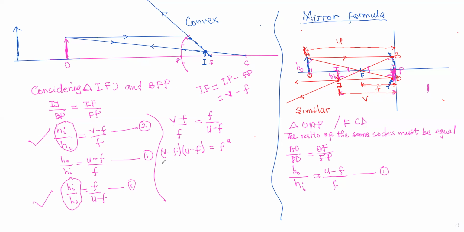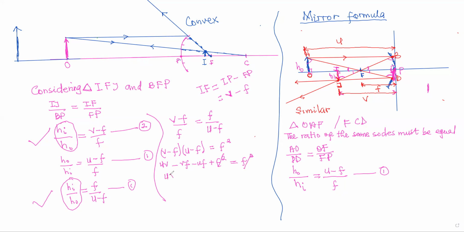So expansion of this will be UV minus VF minus UF plus F squared, which is equal to F squared. This and this will go to 0.